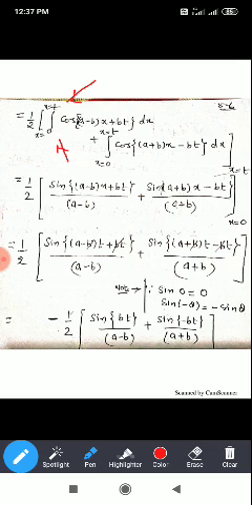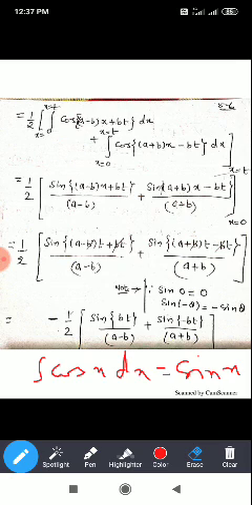We know that in integration, the integral of cos x dx equals sin x. Applying the formula, this term is equal to 1 by 2 times sin((a minus b)x plus bt) upon a minus b.